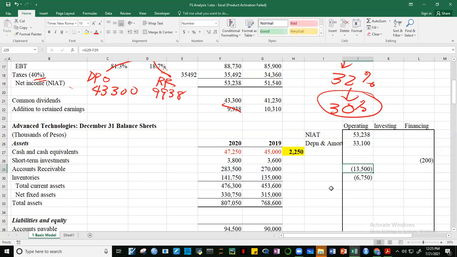Ayaw niya pumunta dito. Kita nyo, guys, oh. Ayaw niya pumasok sa 283. So, dito lang ako pupunta. So, that means, guys, same message a while ago. Increase in AR is source of cash, use of cash.